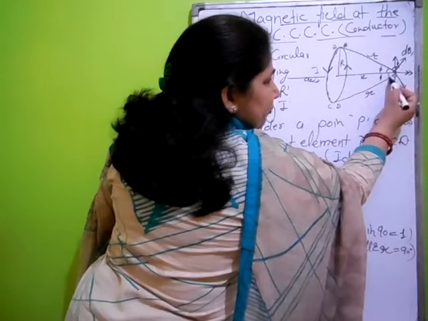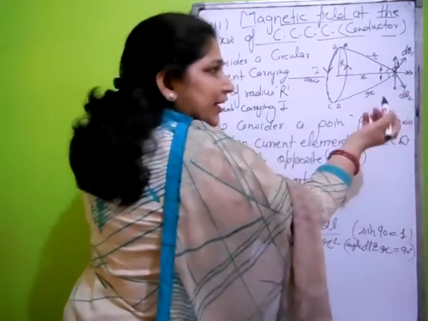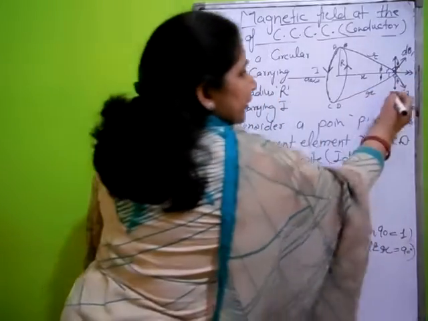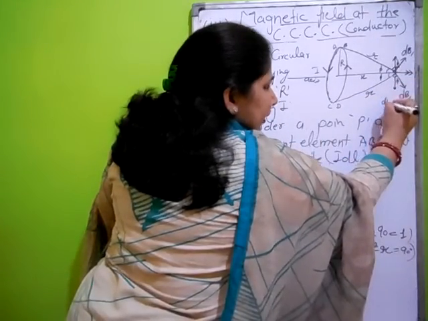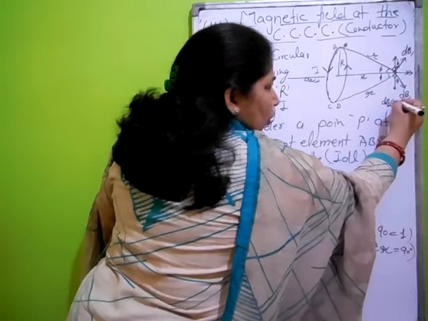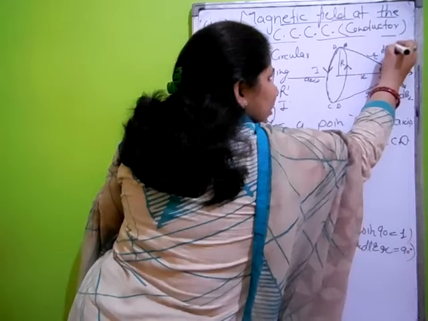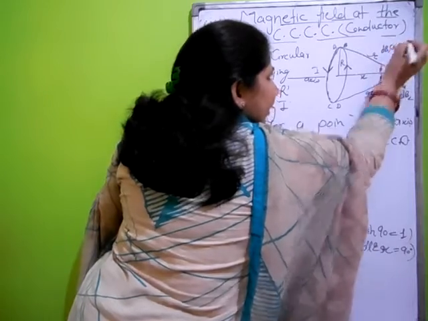Then this component becomes dB2 cos phi, and this one dB1 cos phi.